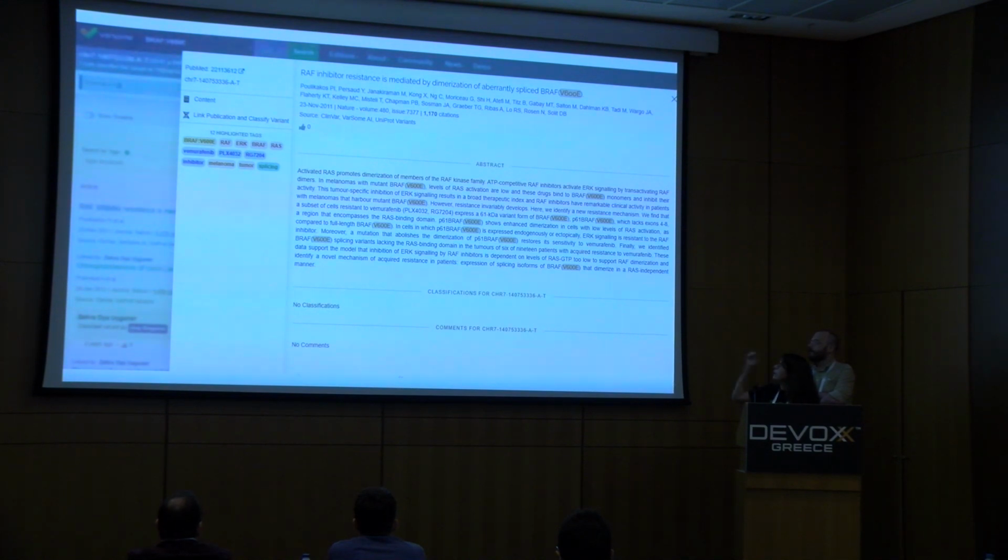In this specific article, you can see here the abstract. The variant we're interested in is called BRAF V600E. It is a well-known pathogenic variant associated to cancer. So what we do is we process the abstract and we tag all references to variants. So we identify that this specific abstract relates also to this variant.